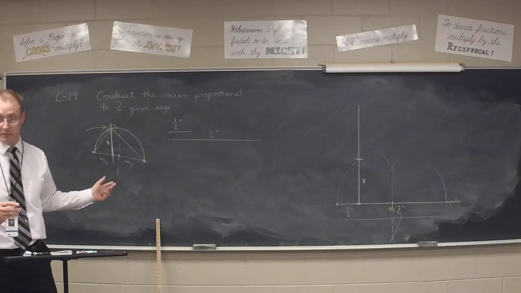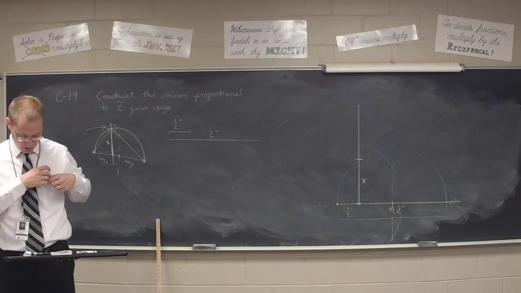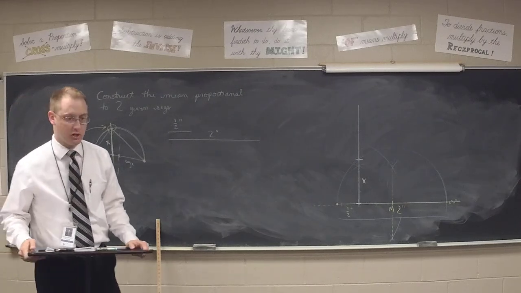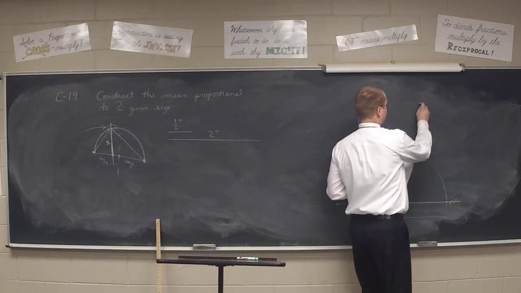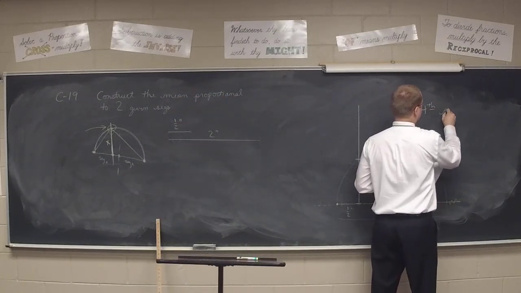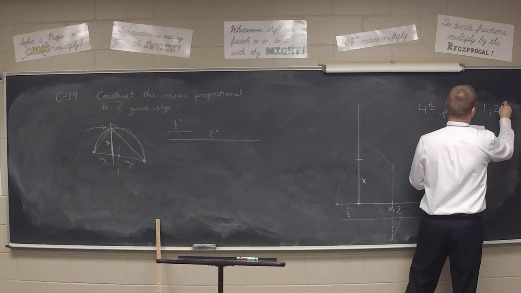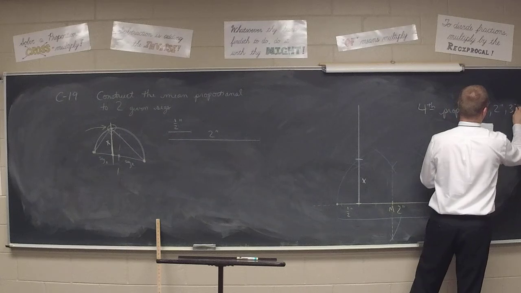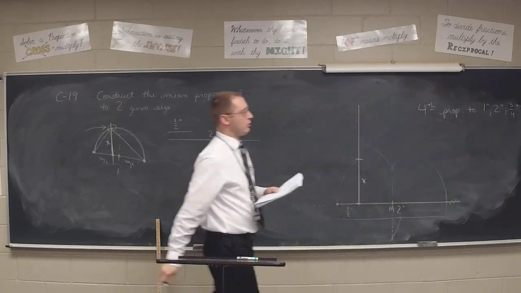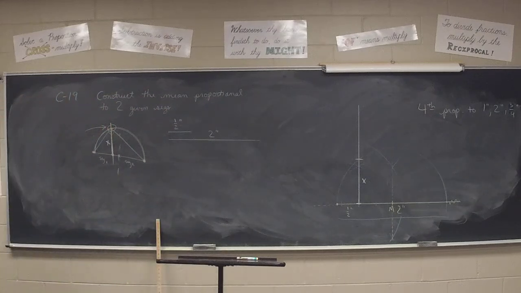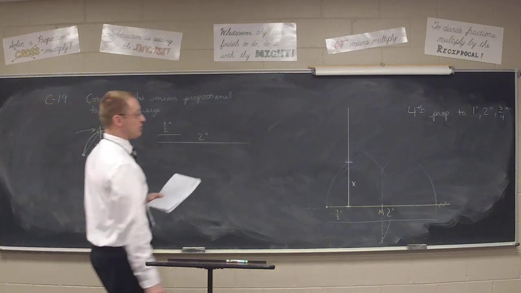Questions on this construction? All right, for homework tonight, you're going to do 3 constructions. Jot this down carefully, please. First of all, we want to construct the 4th proportional to 1 inch, 2 inches, and 3/4 of an inch.